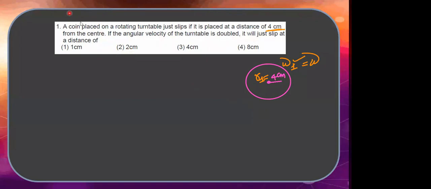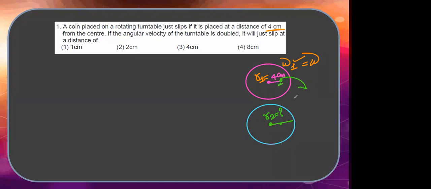So if the angular velocity is doubled, then what happens? Even if this is placed very near to the center, it will fly off. Then at what distance will it fly off? They have asked at what distance from the center it will slip. If the object is at 4 centimeters from the center, then it will slip.